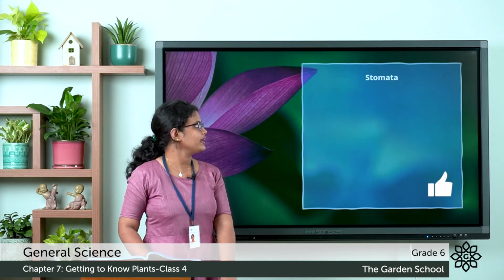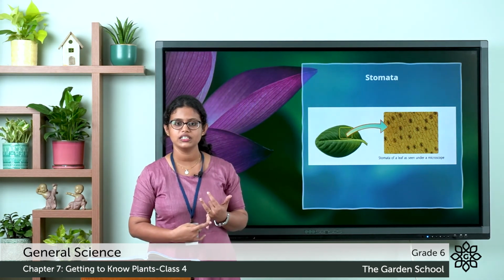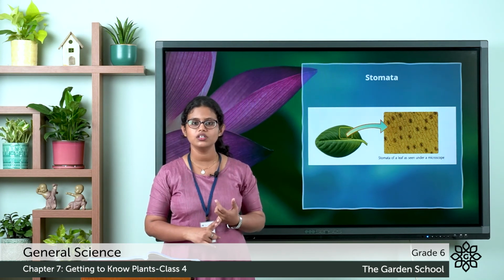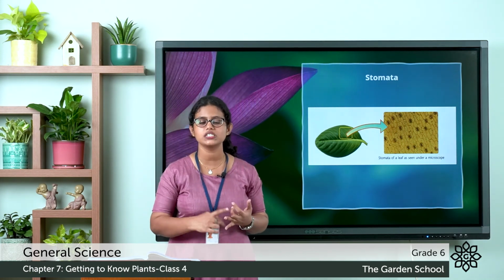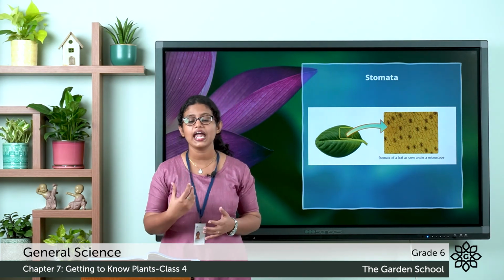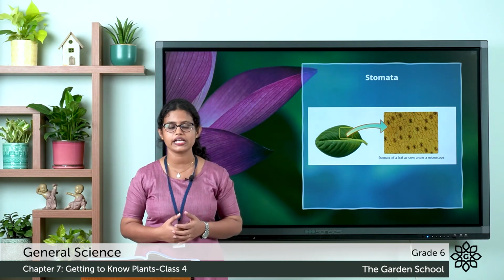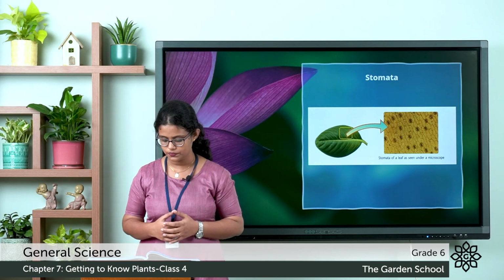Moving to the next topic, stomata. We know that plants need air to live. Leaves prepare food, and to prepare food, leaves need carbon dioxide. So how does this air enter the plant? The air enters the leaf through tiny holes called stomata.